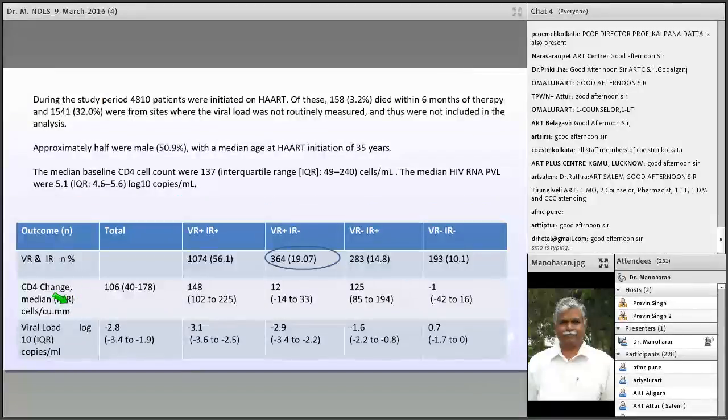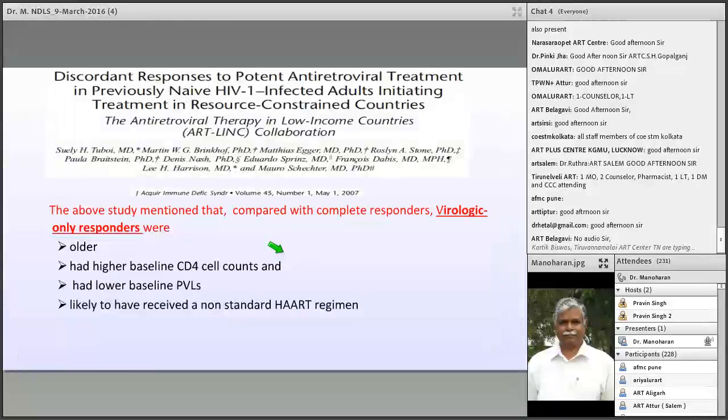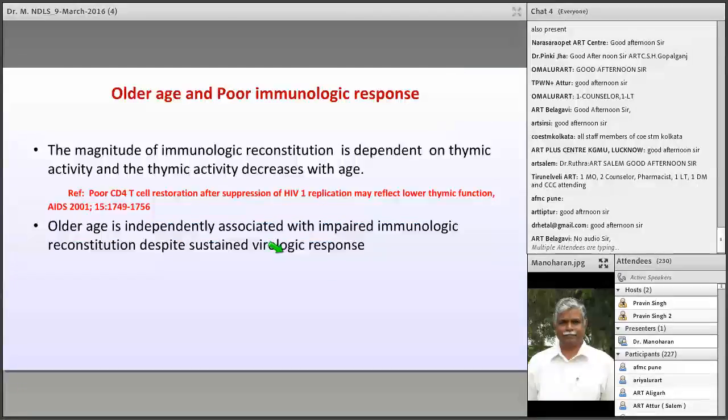The total number of patients was 4,800, and around 364 patients had poor immunological non-response, and this study quoted 4 reasons for it.